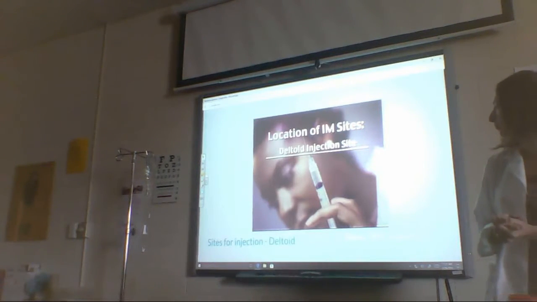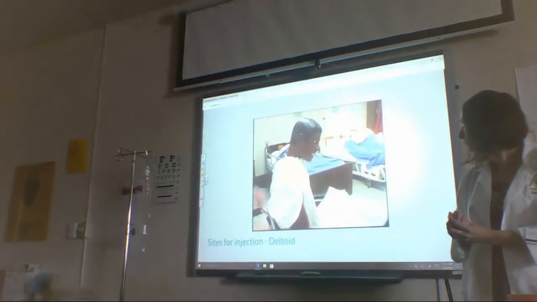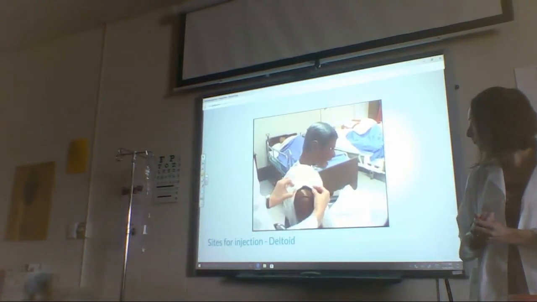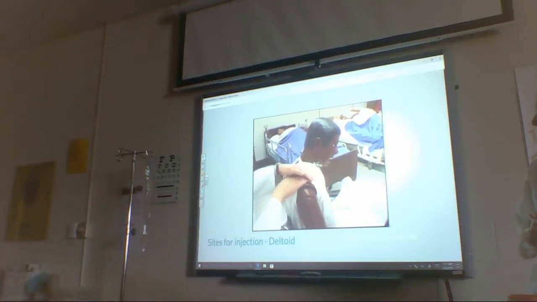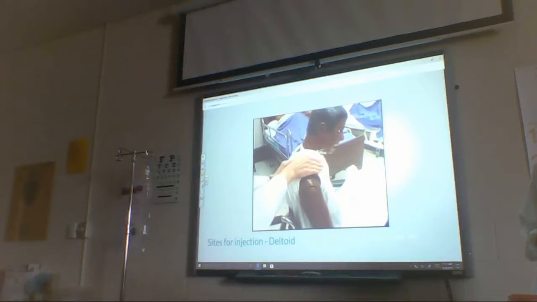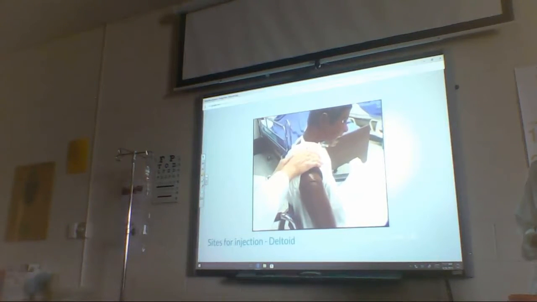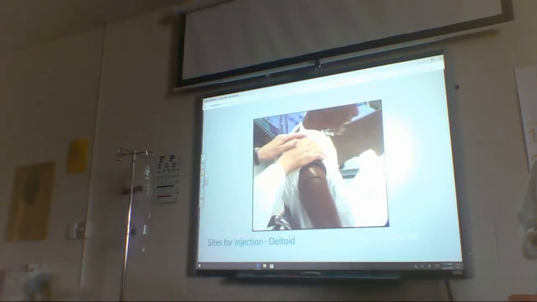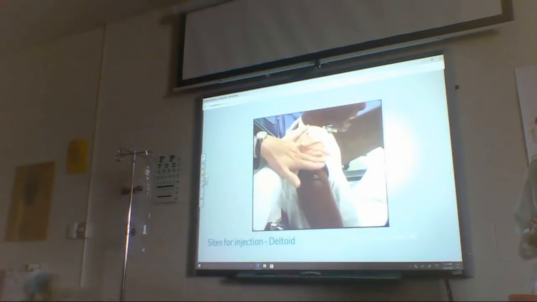Deltoid injection site. Expose the client's upper arm. Place one hand on the acromion process and the index finger of the other hand 2 finger breadths below.